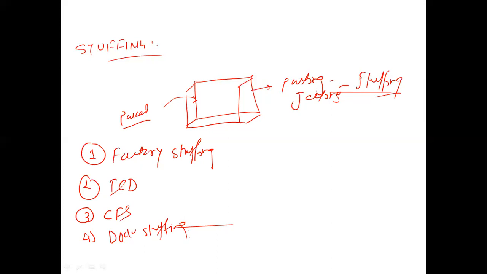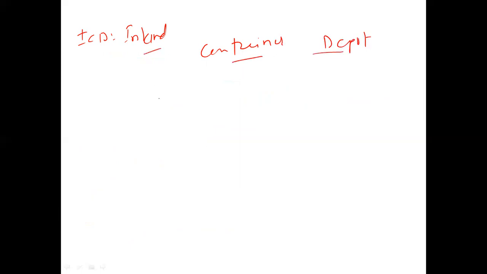But before that, let's try to understand what ICD actually is. ICD is known as Inland Container Depot. Let's take a hypothetical example of a geographical boundary. This is a coastal line.